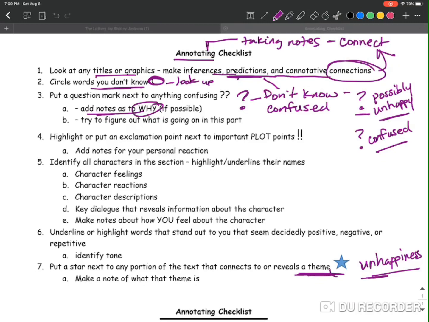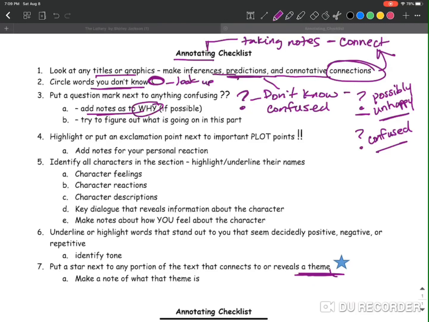Well, it also lets you know when you come back and you're writing your essays, because you are going to have to eventually get there, that, oh, wow, I can just flip through the book and find all the places that I wrote unhappy or unhappiness. And that could possibly be a quote I could use because it definitely connects to that theme, or I wouldn't have put a star next to it or written it out in the margins. So there's multiple reasons that you write these notes, and they are actually helpful to you if you use them wisely.